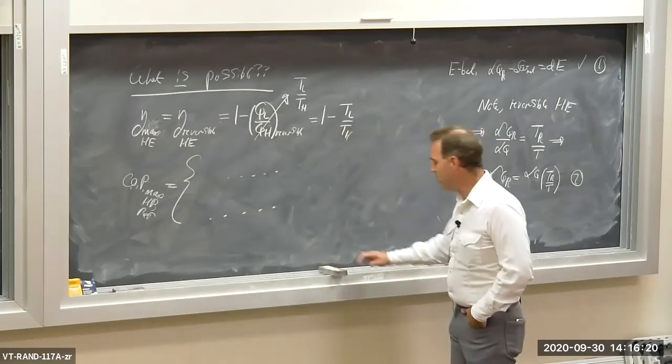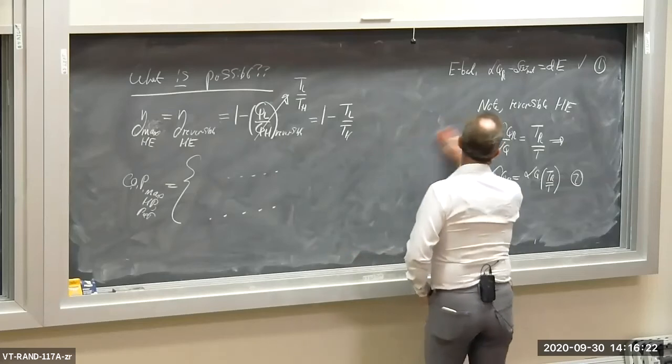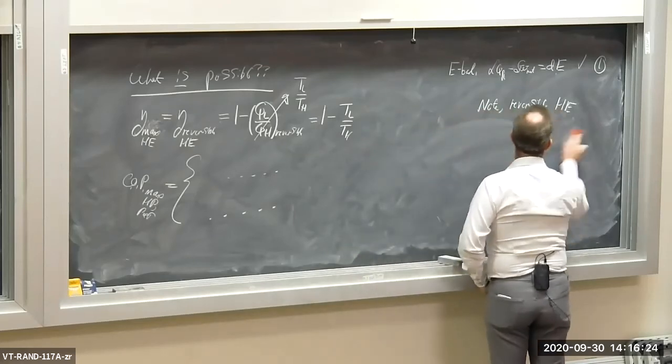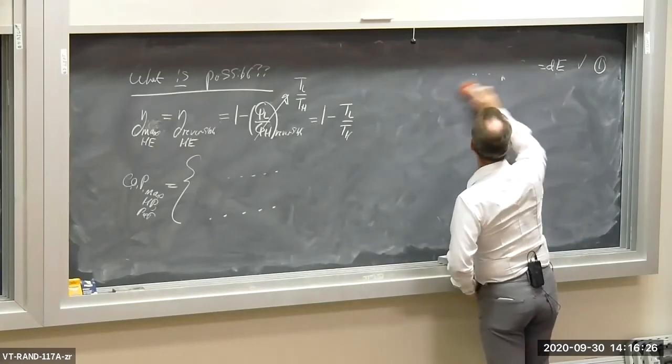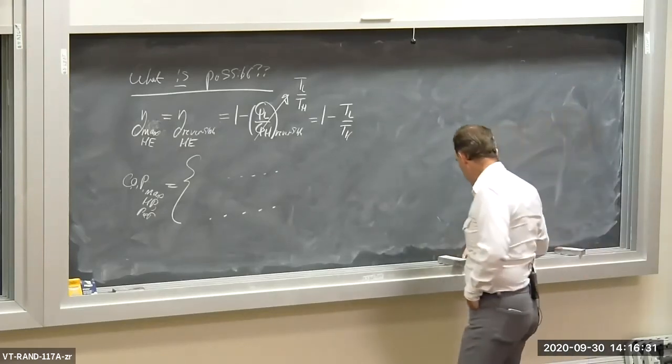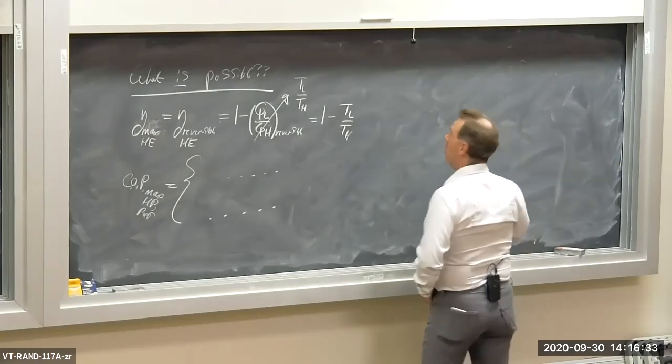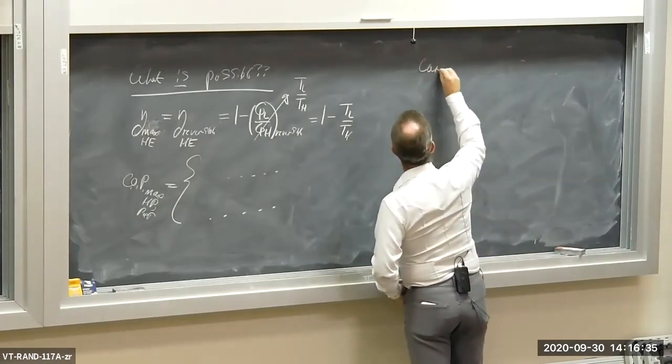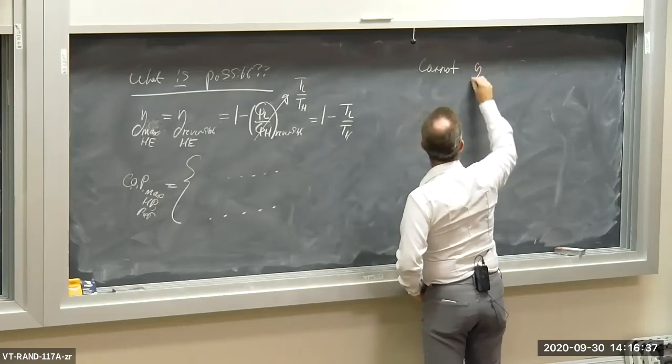How might we envision a reversible device that produces the maximum work, has the maximum efficiency, or the maximum coefficient of performance? That led us to the Carnot cycle.